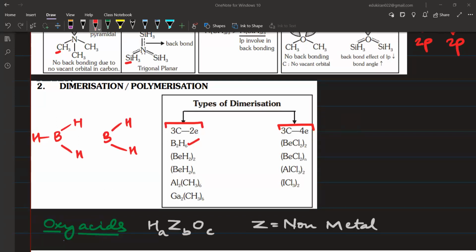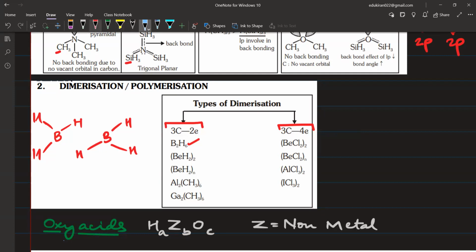You have 2 hydrogens here like this, and these are how many hydrogens? 1, 2, 3, 4, 5 hydrogens. So this will also be somewhere like this. Hydrogen, hydrogen. Okay, so let us suppose we have BH3 like this. This is one BH3, and this is another BH3.